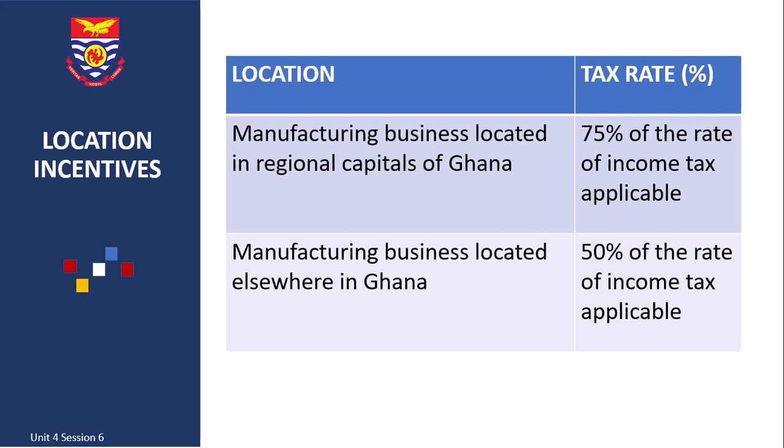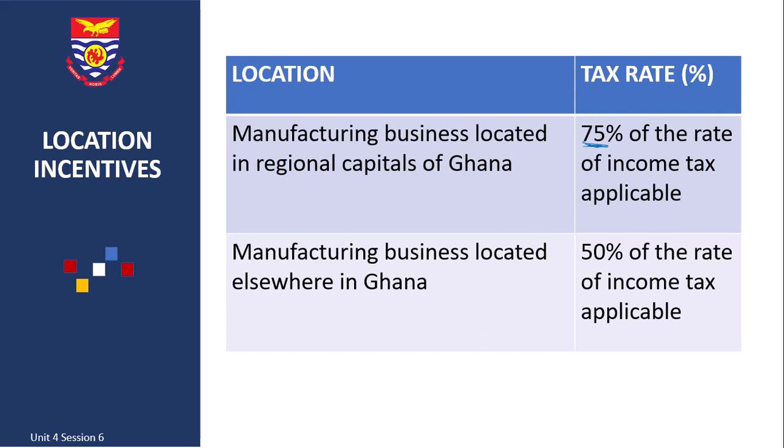But those located in a regional capital, out of the 25% you pay as tax, 75% is paid instead of the full 25%. So 25% of the 25% is given as locational incentive. So you end up paying only 75% of the income tax applicable.